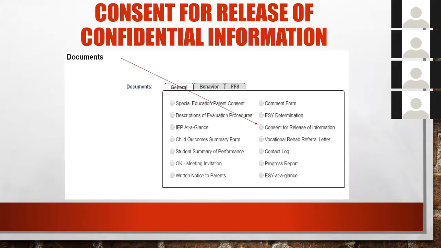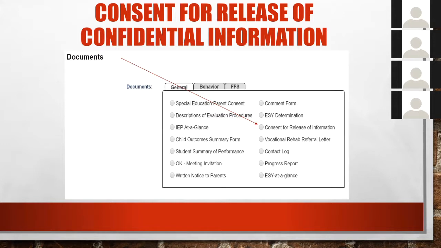Okay, I mentioned that consent for release of confidential information is required before that referral is sent in. This is where you can access the consent for release of information.